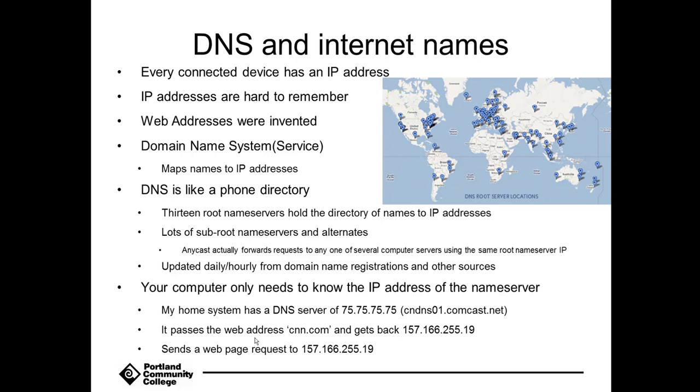But when I pass the web address cnn.com, I'll get back the number, the IP address that cnn.com is using, and my browser doesn't send a web page request to cnn.com. It sends it to 157.166.255.19. And at this IP address is probably not a single computer, it's actually probably multiple. It's the gateway, and your web request probably gets passed to goodness knows what address.